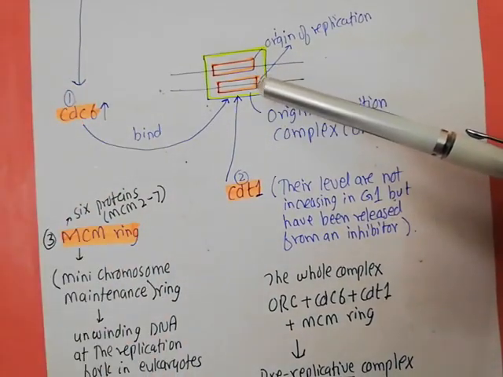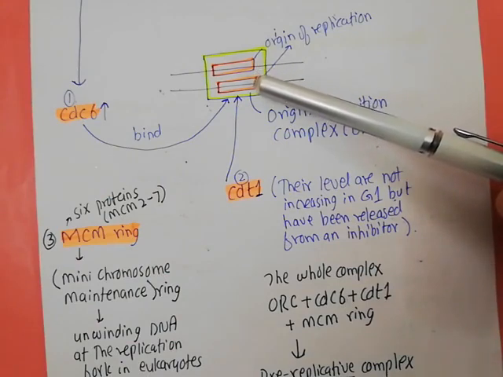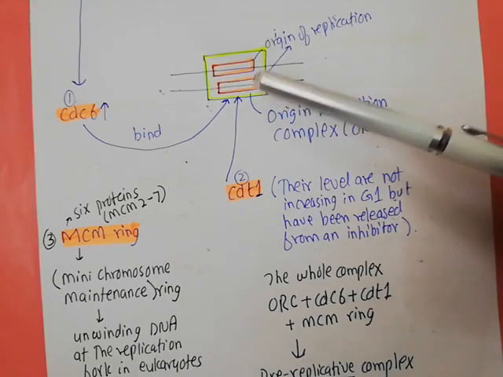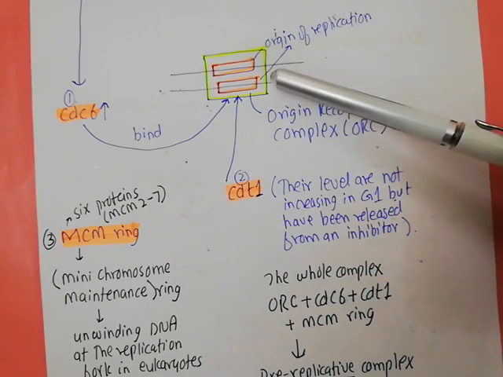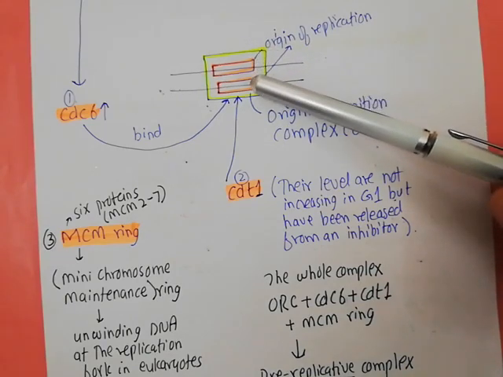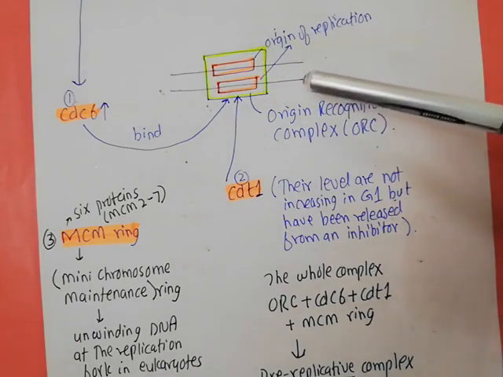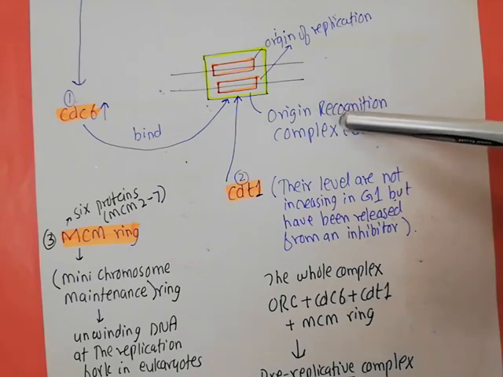When you talk about the DNA, it has these specific regions known as the origin of replication, which I have highlighted in orange. These origins of replication are the points from where the replication of the DNA starts. To this origin of replication, a protein complex is attached, which is known as the origin recognition complex.